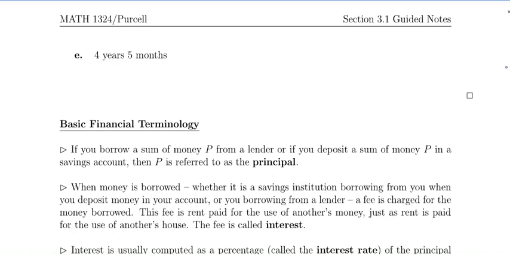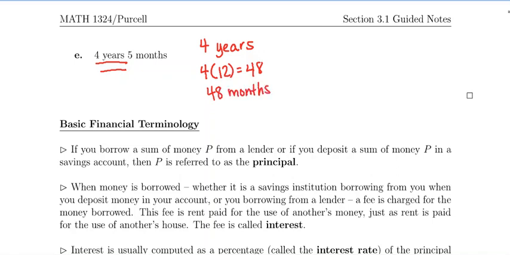This is the easiest way to handle something like this. We're gonna break it up. Let's start with the 4 years. 4 years is how many months? Well, if we do 4 times 12, that's 48, so 4 years is 48 months. And then we have the extra 5 months.